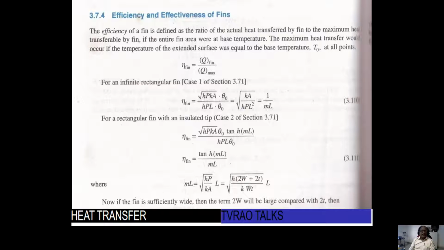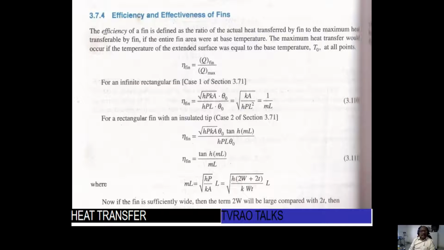The maximum heat transfer would occur if the temperature of the extended surface is equal to the base temperature at all points. So the fin efficiency is the ratio of actual heat transfer to the maximum heat transfer.